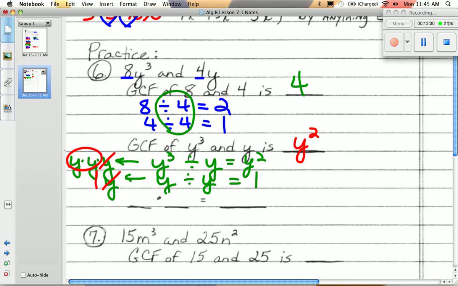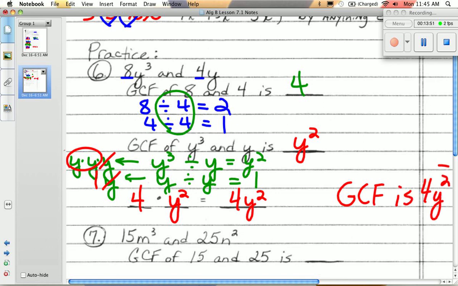That's what's happened here. We divided out a 4, and then we divided out a y squared. So 4 times y squared is 4y squared. So our GCF is 4y squared.